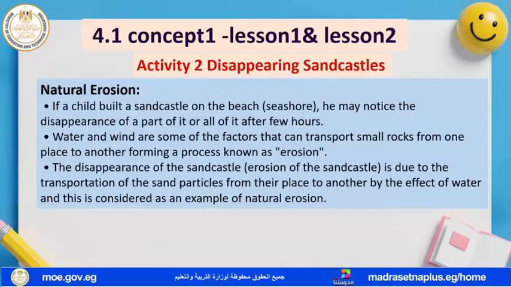So what disappears more easily or faster, the sandy coast or rocks? The sandy coast, because it will disappear by erosion due to the transportation of the sand particles from their place to another by the effect of water, and this is an example of natural erosion.